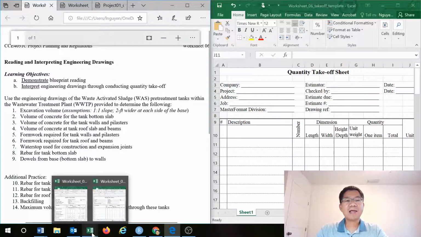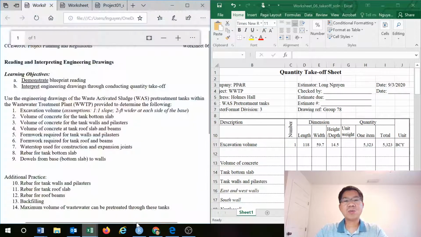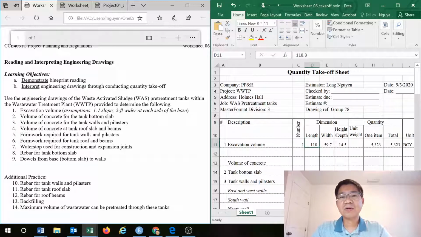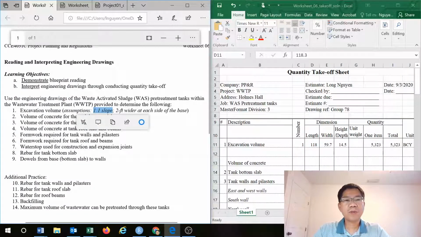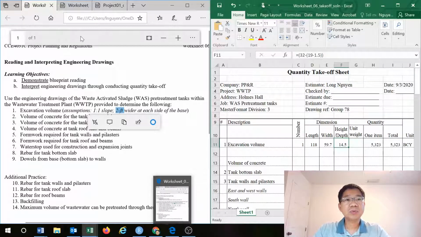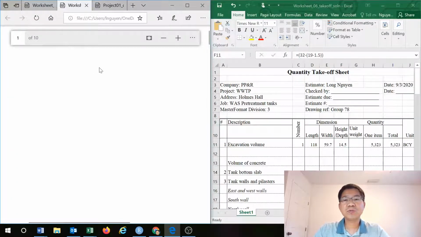I pull the drawings out here and walk through with you where I get that information from the drawings, so that you can determine it by yourself. So for the excavation volume, we assume a one-to-one slope and 2 feet wider. This is the information I got from the drawings, and where it comes from goes to the reference of this worksheet.